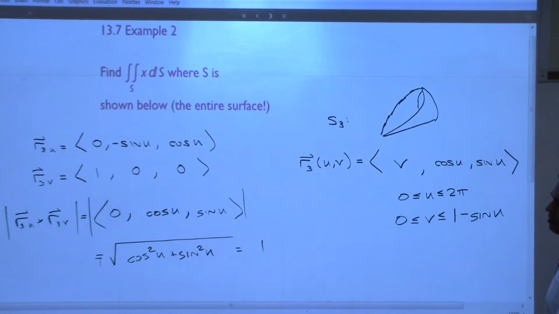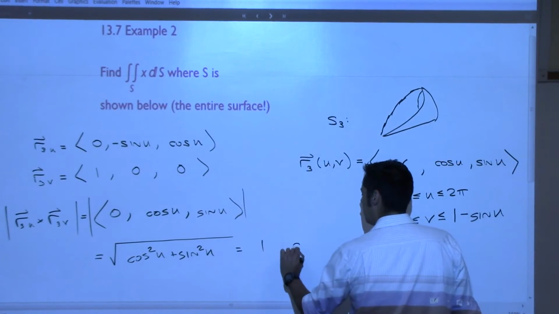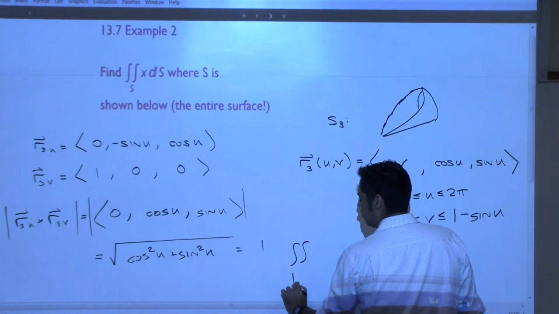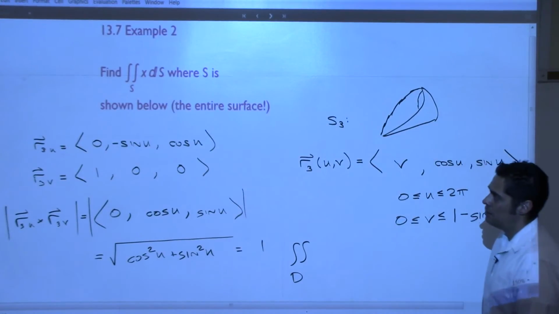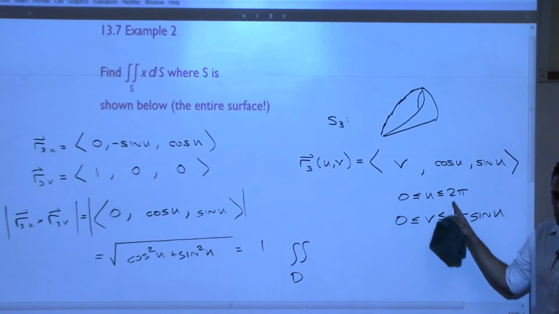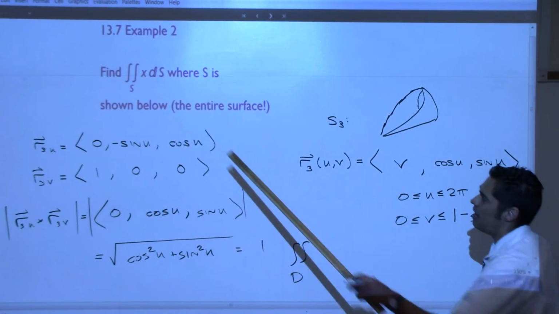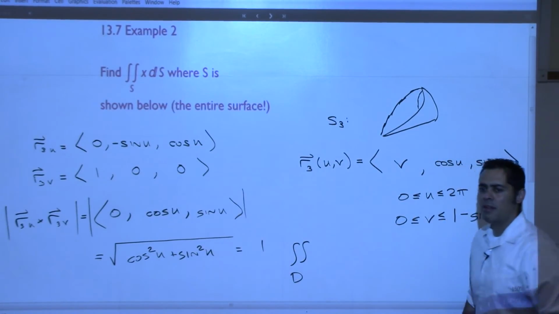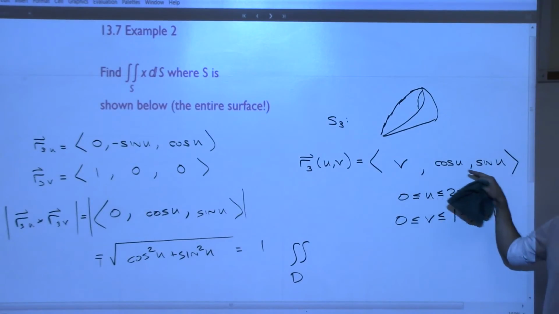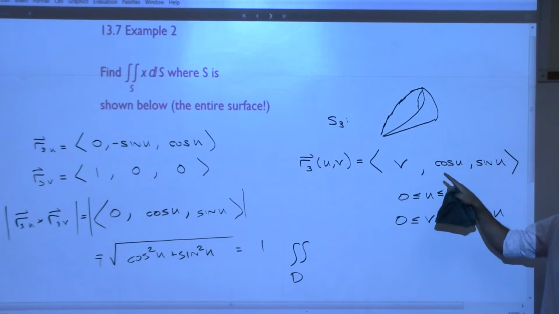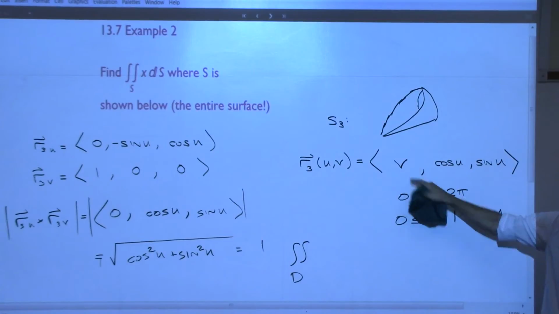So now let's set it all up. We have our double integral. We're going to be going over the region D, which is the restrictions on u and v. Our scalar function is x. So I need to plug in the surface equation. I need to replace the x with v, because that's the x component.